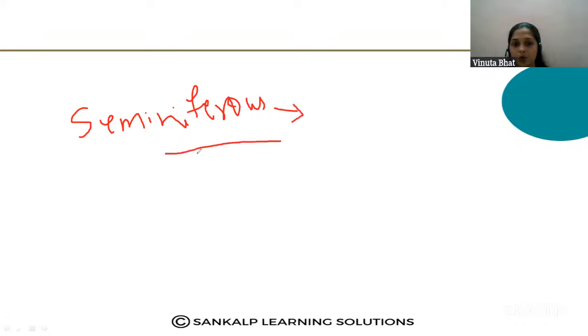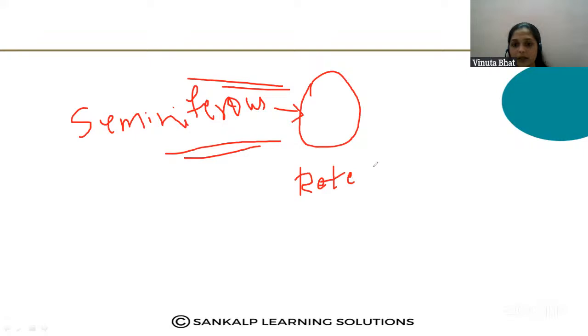So first, the seminiferous tubule. Then these tubules open into a common structure called the rete testis. And from the rete testis, small ducts arise.